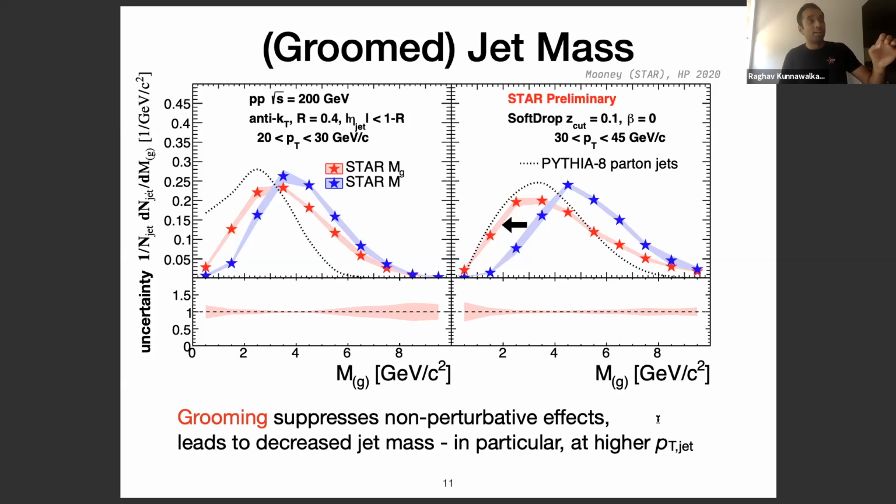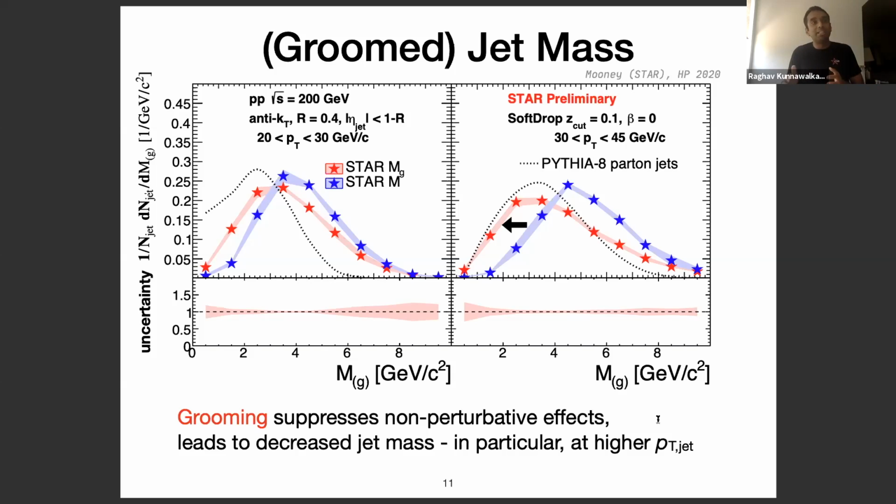The red star markers are the groomed mass. The blue star markers are the regular jet mass, and they are compared for the same PT of jets. You can see the uncertainty in the bottom panel of the groomed mass. Just comparing the blue distribution to the red distribution, you can see that you're losing mass. You're removing the grass, and that reduces the mass.